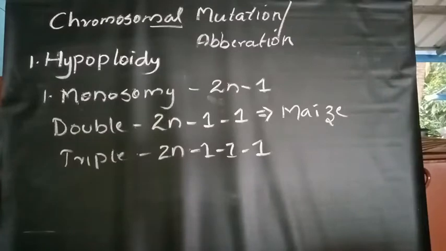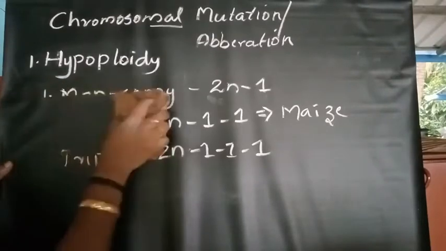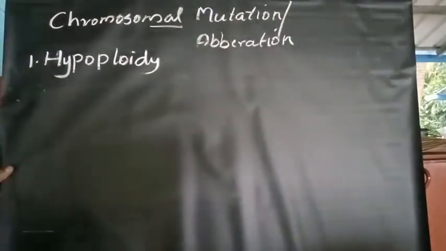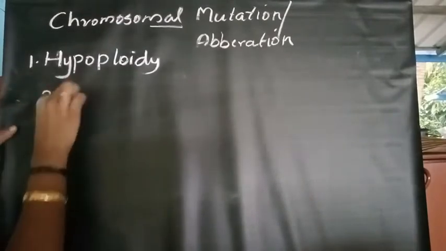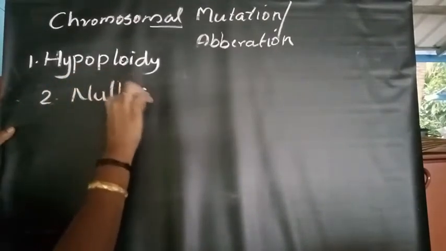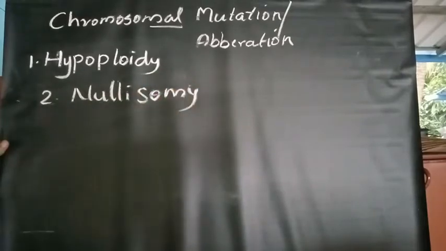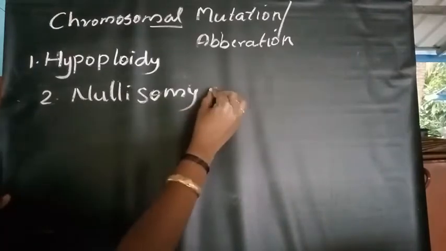Then the next one is nullisomy. Nullisomy means the loss of a pair of homologous chromosomes. In a broad sense, a chromosome pair is lost, so that entire chromosome pair is lost.